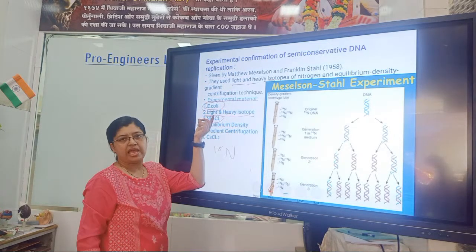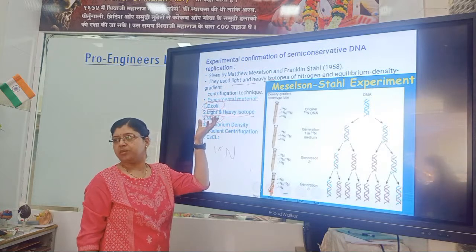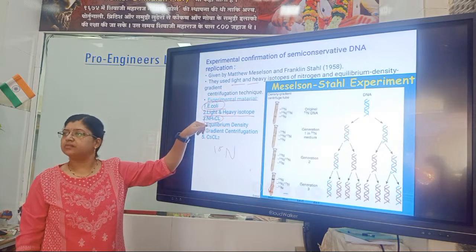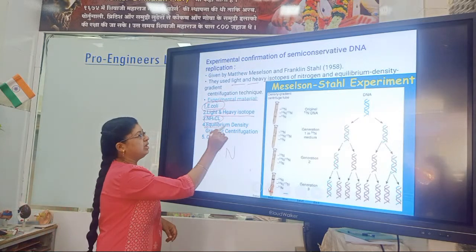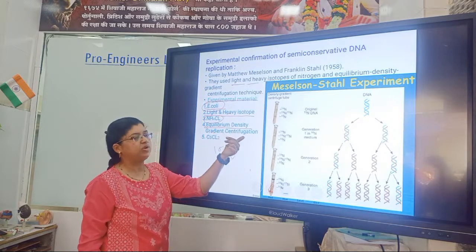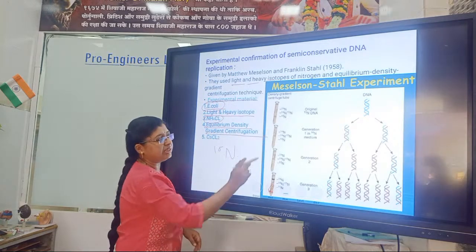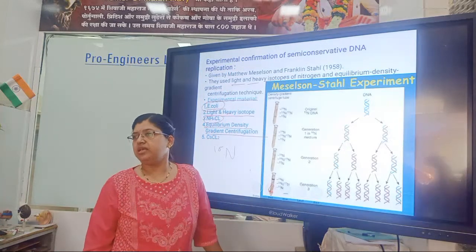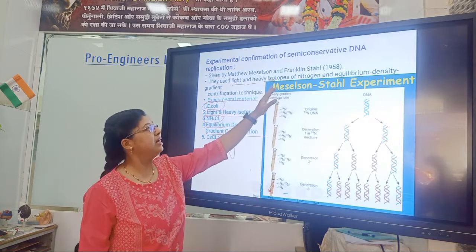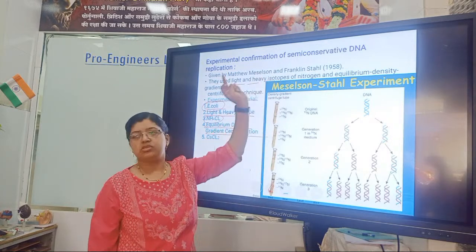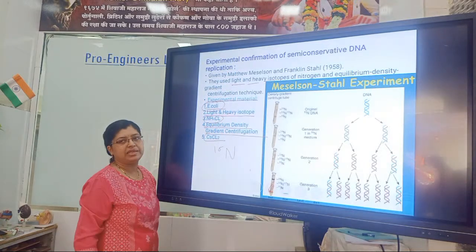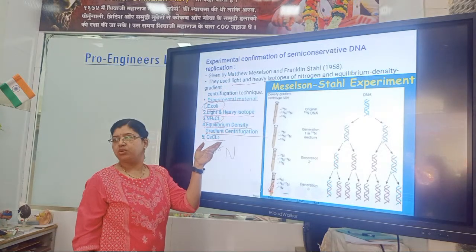The third is NH4Cl, the medium on which they grew the E. coli. Next, equilibrium density gradient centrifugation. Due to this technique, they proved that DNA replication is done by the semi-conservative model.